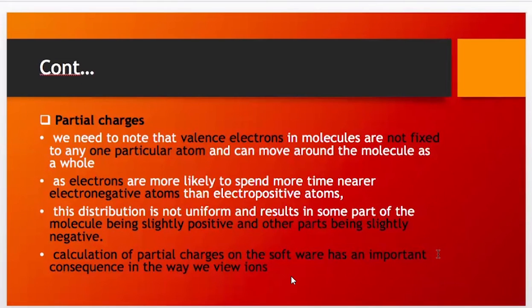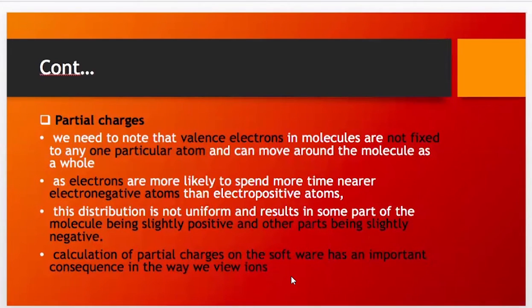Take electronegative atoms like oxygen: when we draw, we write as if the electrons are just localized at that electronegative atom. But what the softwares will show you is that they are not actually localized, but rather in a specific region of these different compounds.